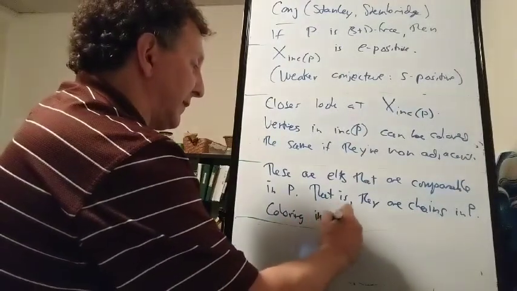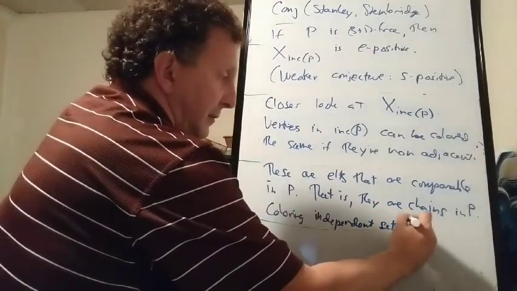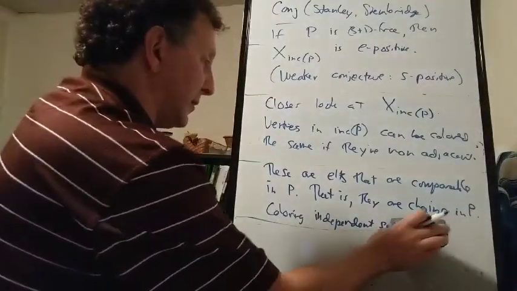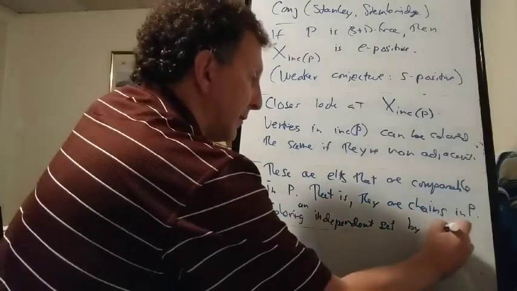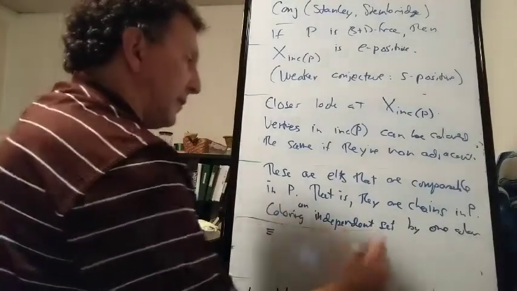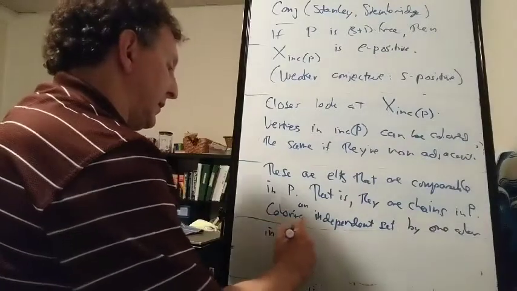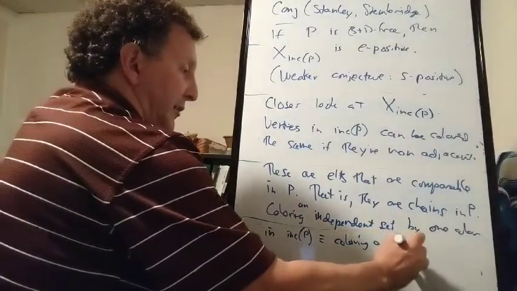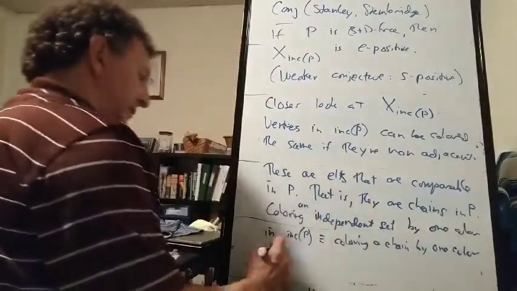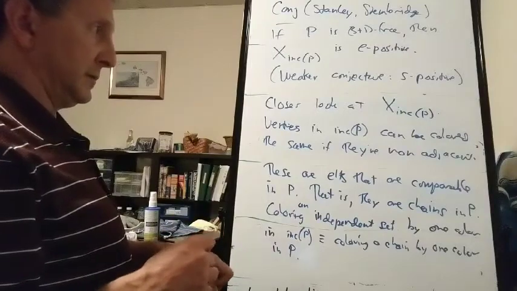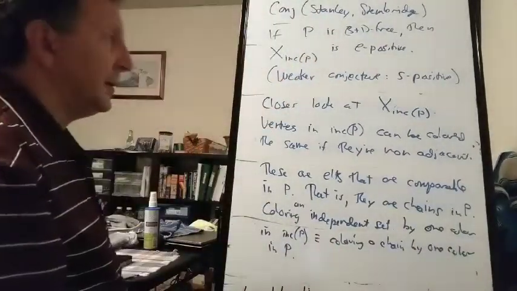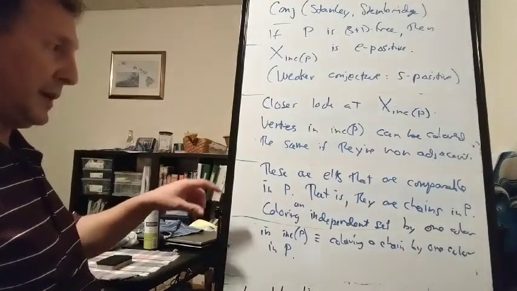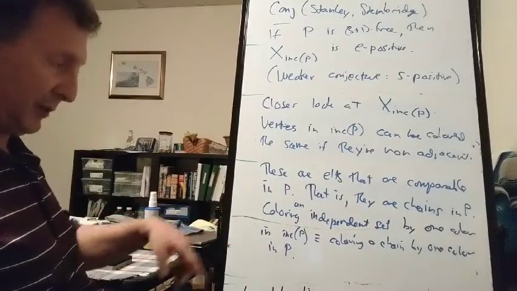So coloring an independent set by one color in the incomparability graph is the same as coloring a chain by one color in P. Giving different independent sets different colors is like giving different chains in the poset different colors.